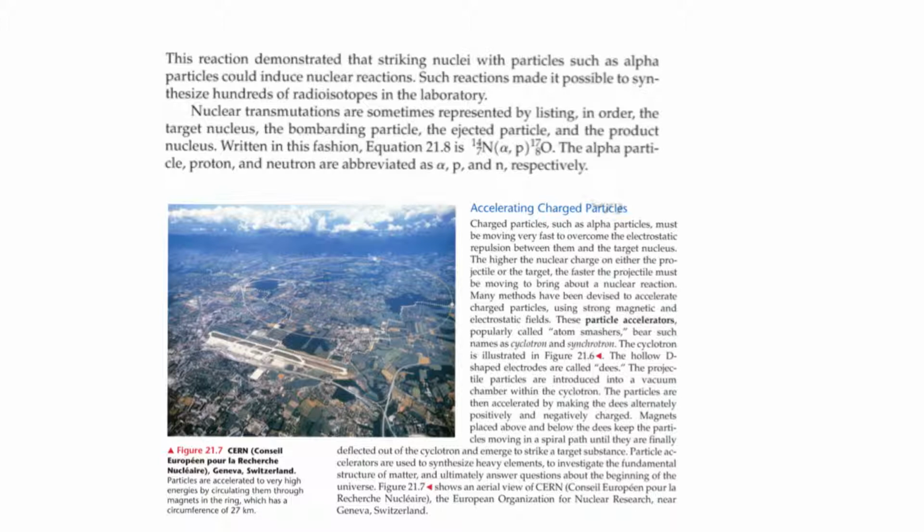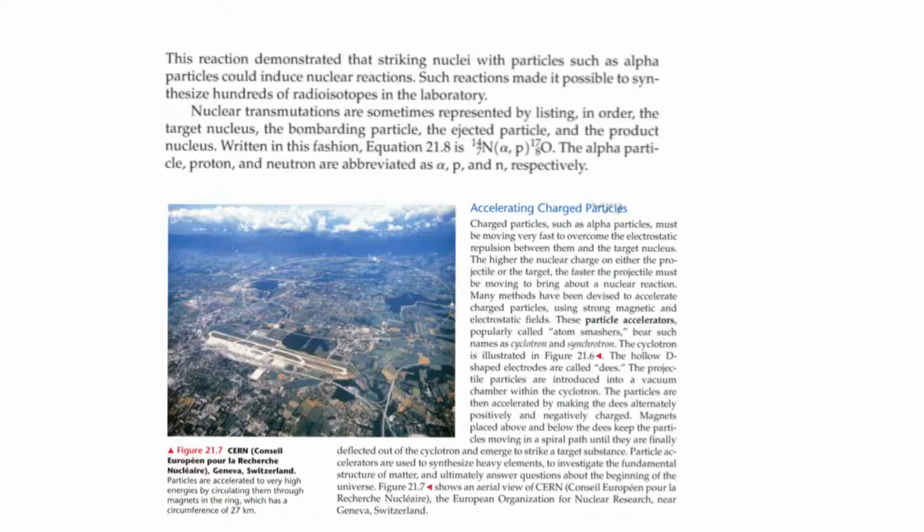Many methods have been devised to accelerate charged particles using strong magnetic and electrostatic fields. These particle accelerators, popularly called atom smashers, bear such names as cyclotron and synchrotron. The cyclotron is illustrated in Figure 21.6.